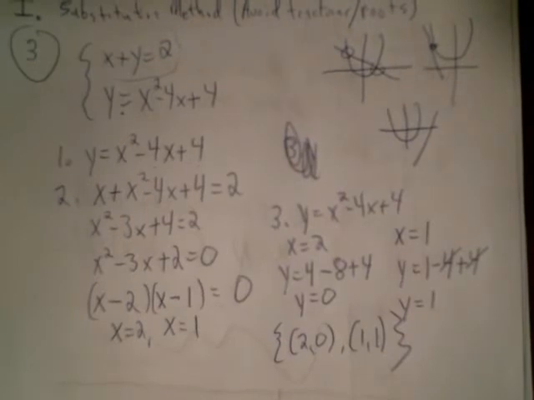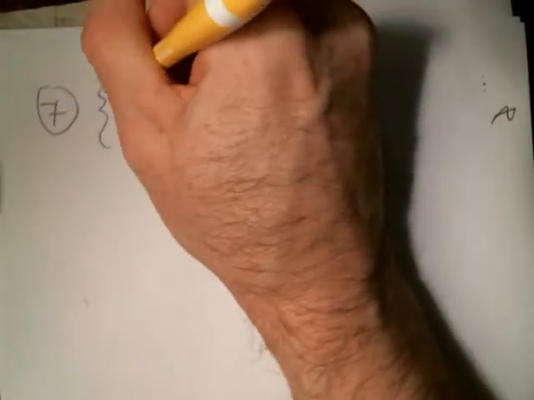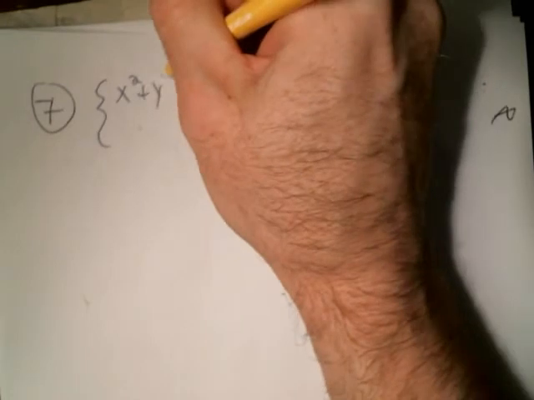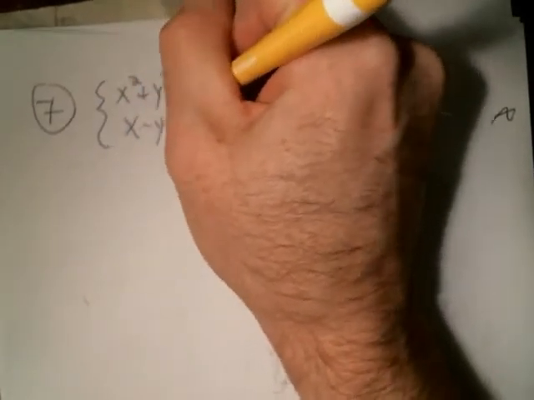All right, it's pretty simple, but you can get into trouble. Like I said, avoid these fractions, avoid the roots. And in number 7, that's kind of an issue. So let's explore 7. I have x squared plus y squared is 25, and then x minus y is 1.